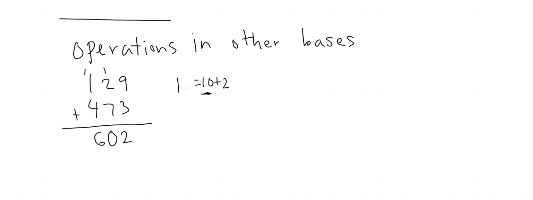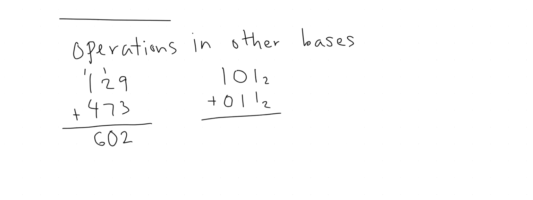Because other bases will also use their own base as the standard for when you need to carry a number. So for example, if we have 101 base 2 plus 011 base 2. Well, we know 1 plus 1 is 2, but 2 is equal to 10 base 2.